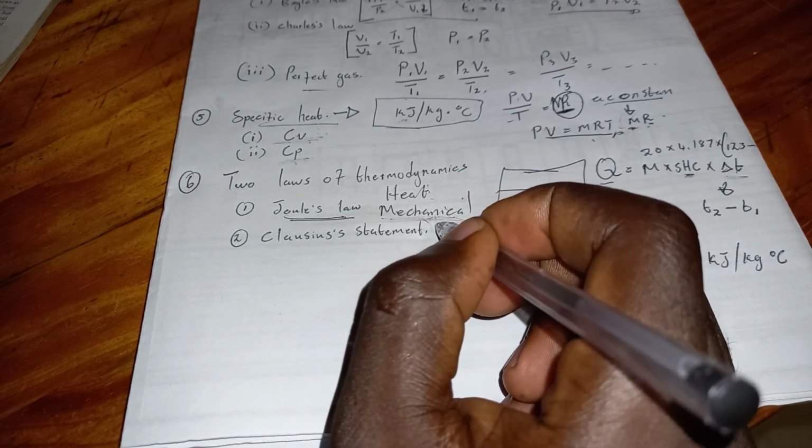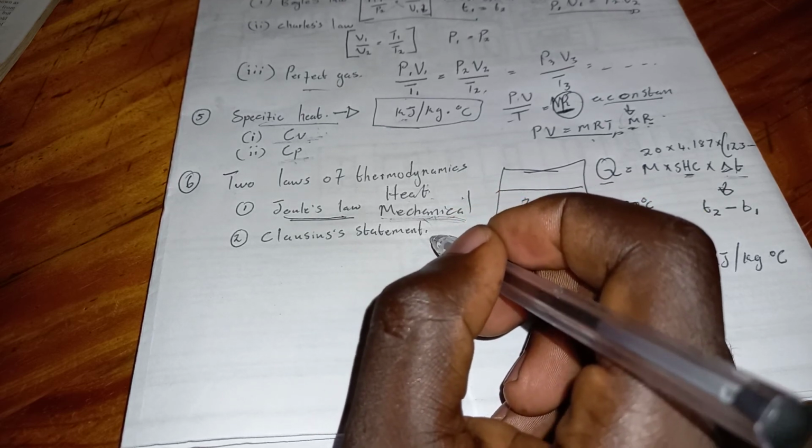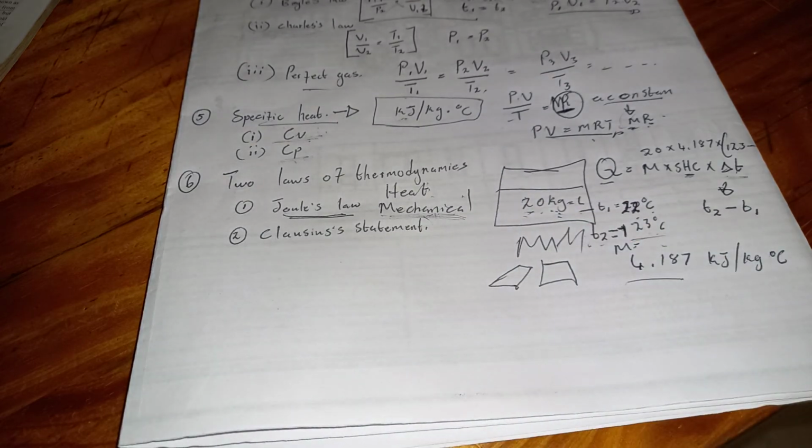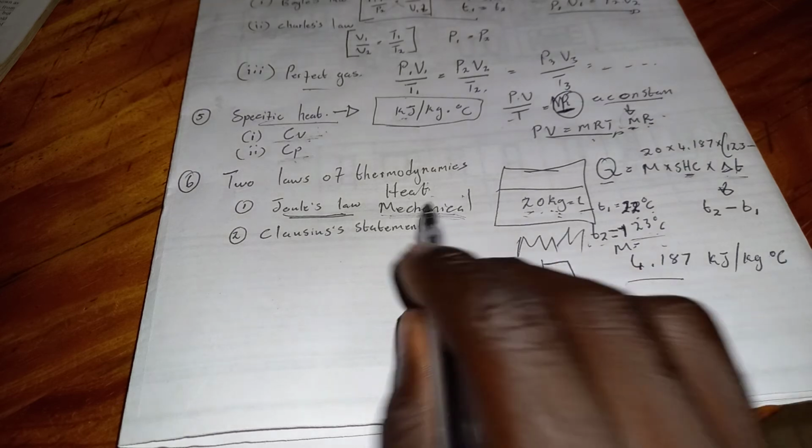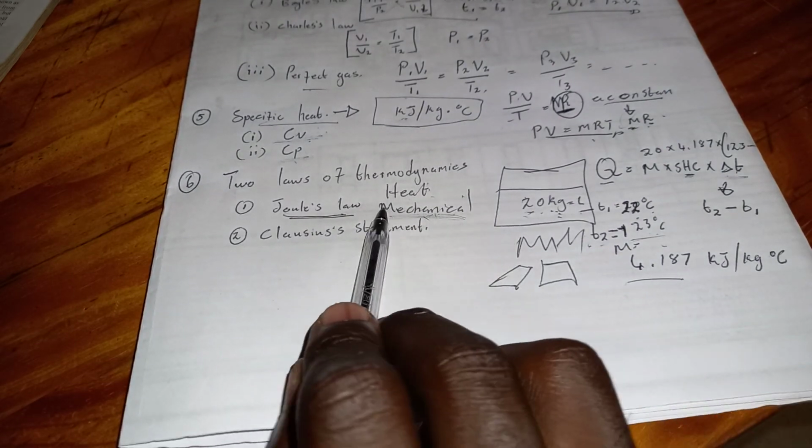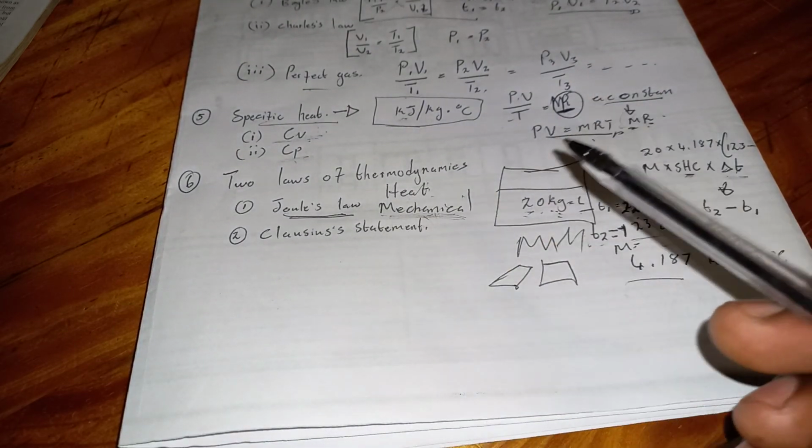So, for an example, to make it simple, since they say it's mutually convertible, let's talk about the brakes of a car.